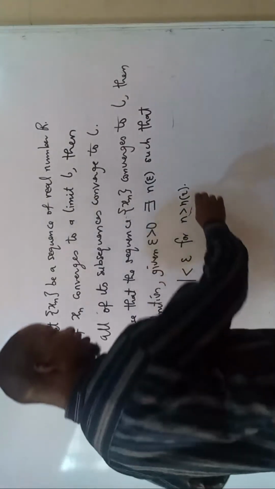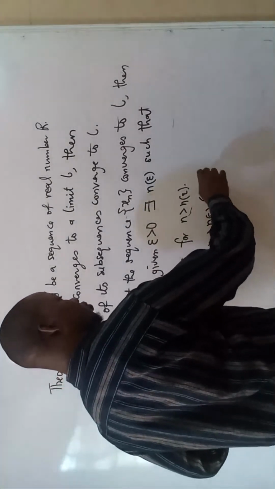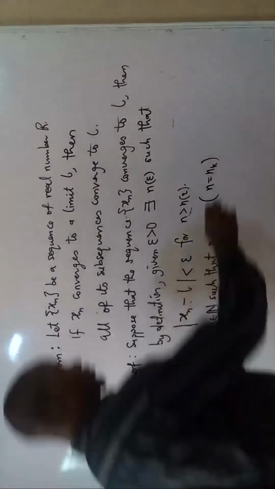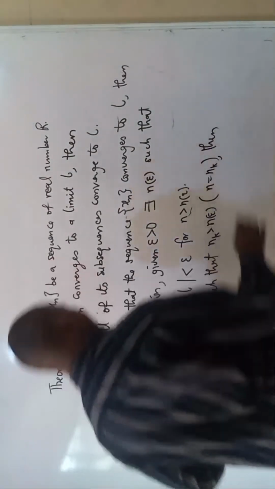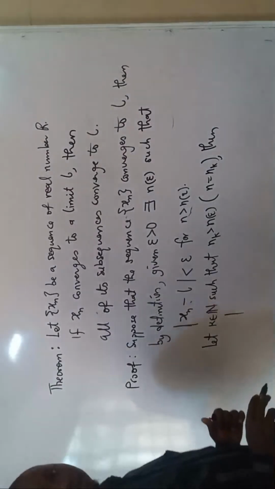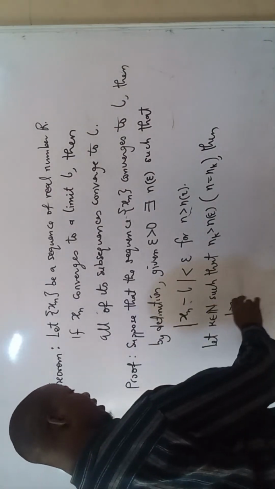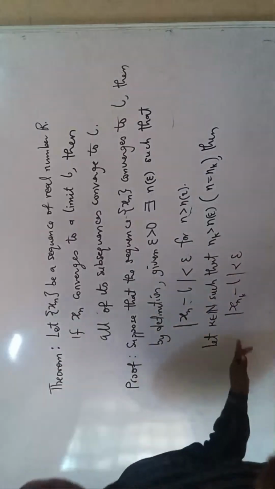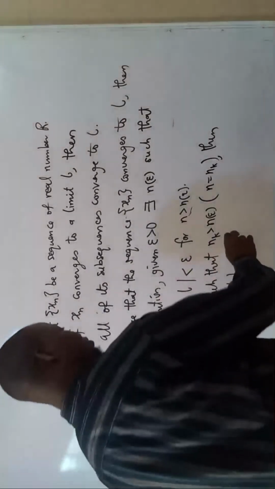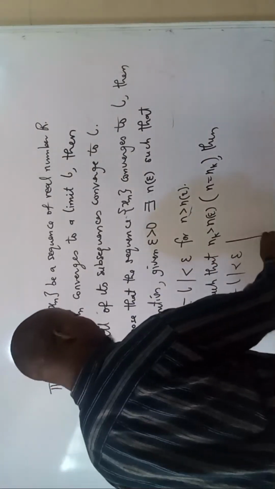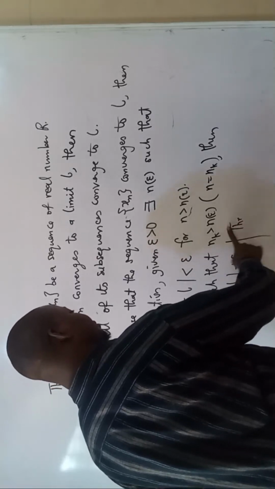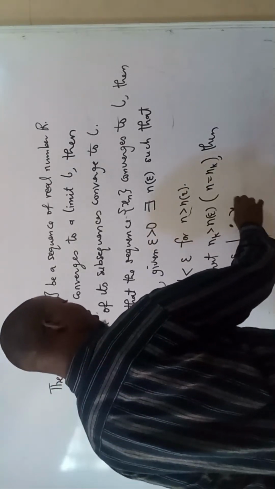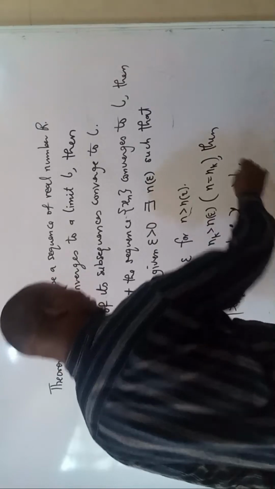With this, we have replaced n with nk, and for this reason this formula becomes the absolute value of xnk minus l is less than epsilon. And by definition, you can conclude that therefore xnk converges to l.